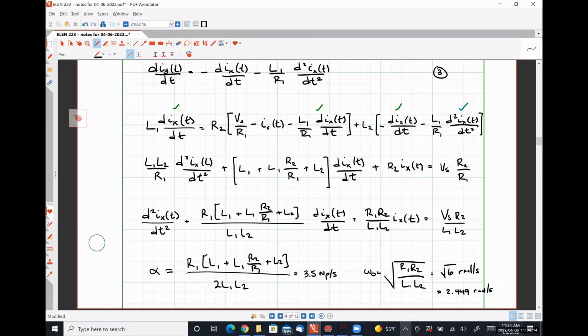So is this circuit overdamped or underdamped or critically damped? It's overdamped because alpha is greater than omega naught. Absolutely right. So we have an overdamped circuit.